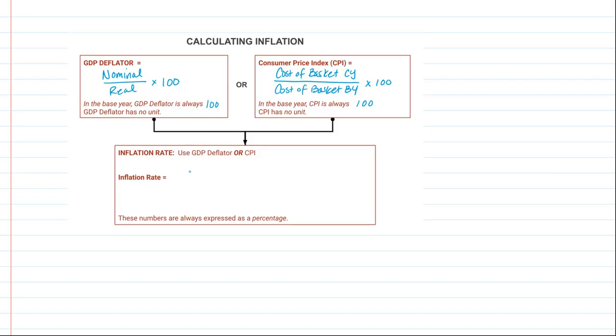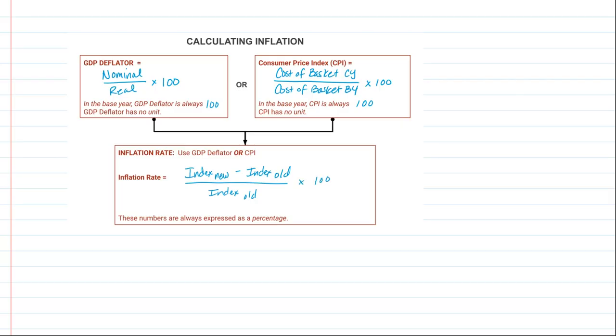So we take index from the newer value minus index from the older value, and we divide that whole number by index from the older value. And that is our basic rate of change equation in the first place. Right?